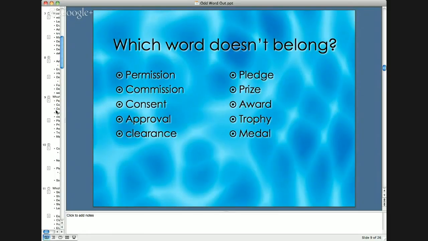Pledge, prize, award, trophy, medal. Which one doesn't belong? Why? This one I know you can get. We know what a prize is, something you win, right? Which one's not something you win?